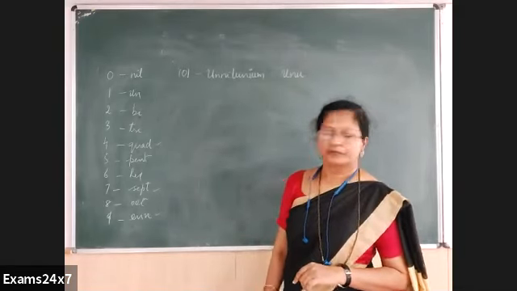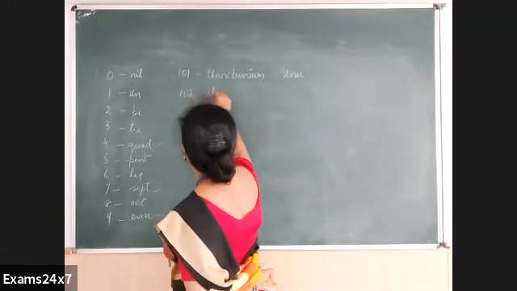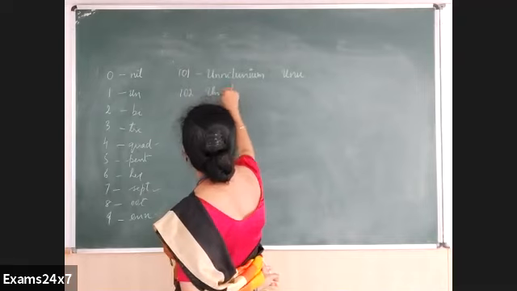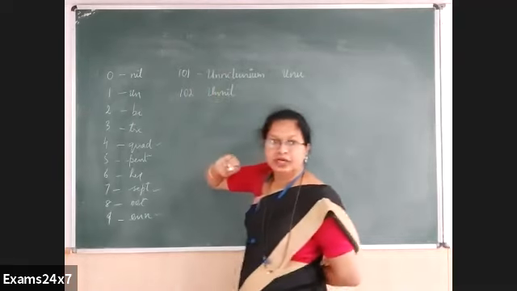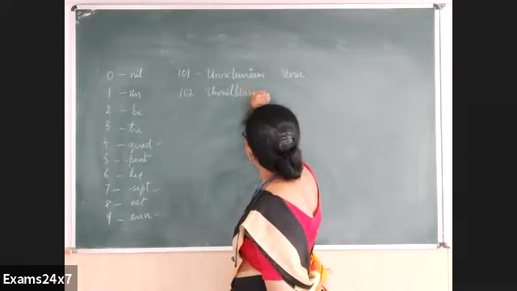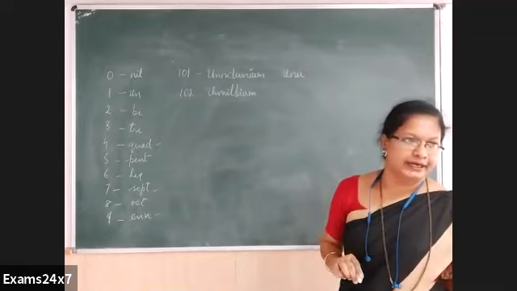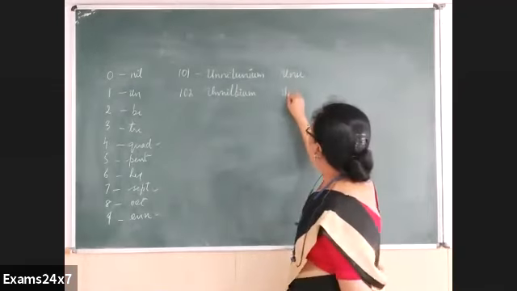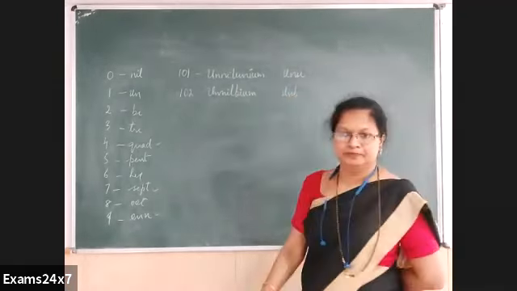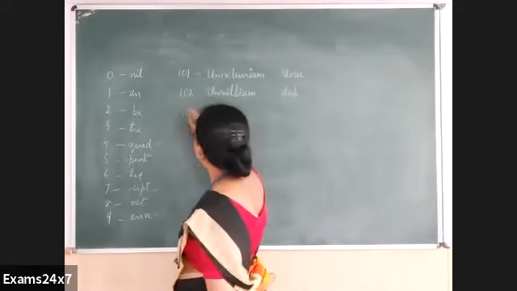Understood? 102. Un, nil, bi. It should be a single word. Un, nil, bium. Again, one more i is not there. Only one i at the end. Symbol: UNB. 103.